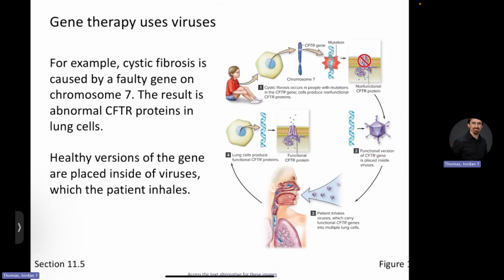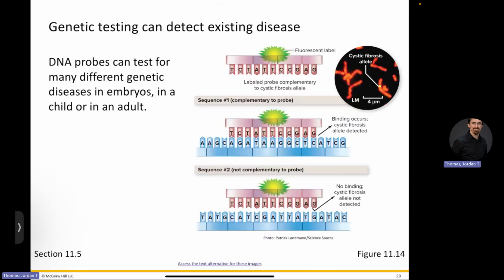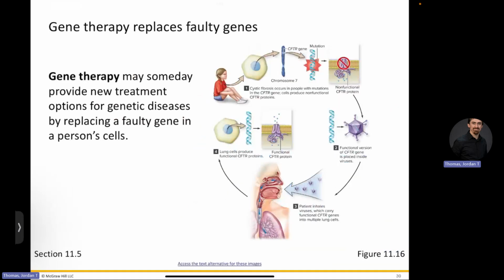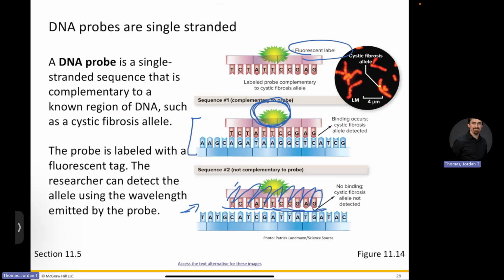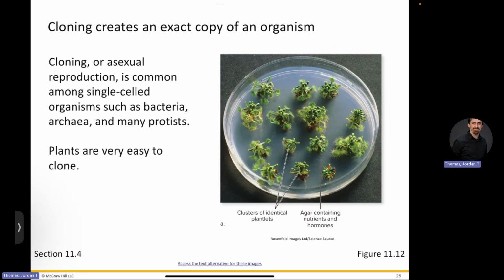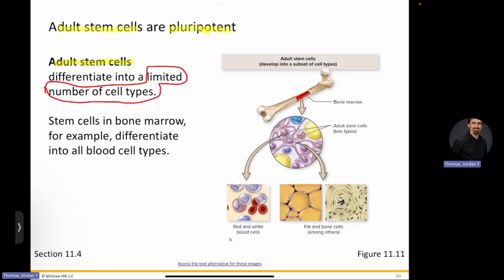Again, I'm going to go all the way back. Know the big DNA tools and how they function and what they're used for. So know DNA probe. I want you to know cloning in general, and specifically somatic cell nuclear transfer.